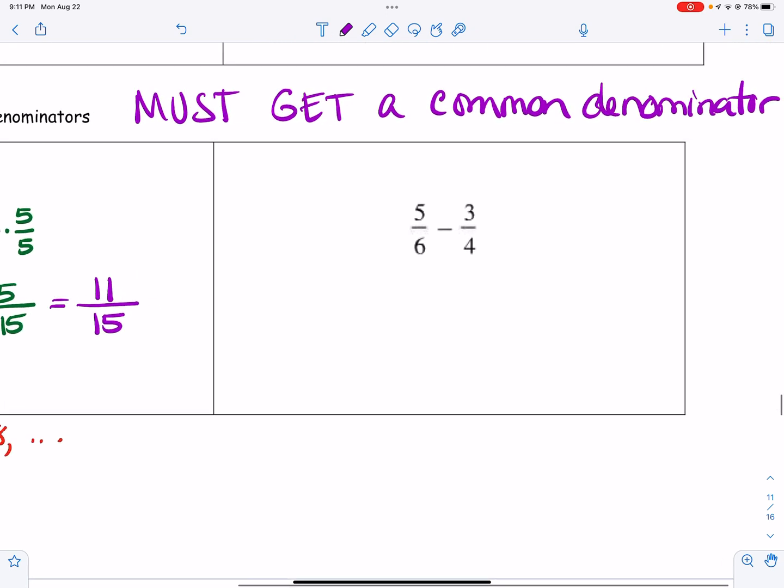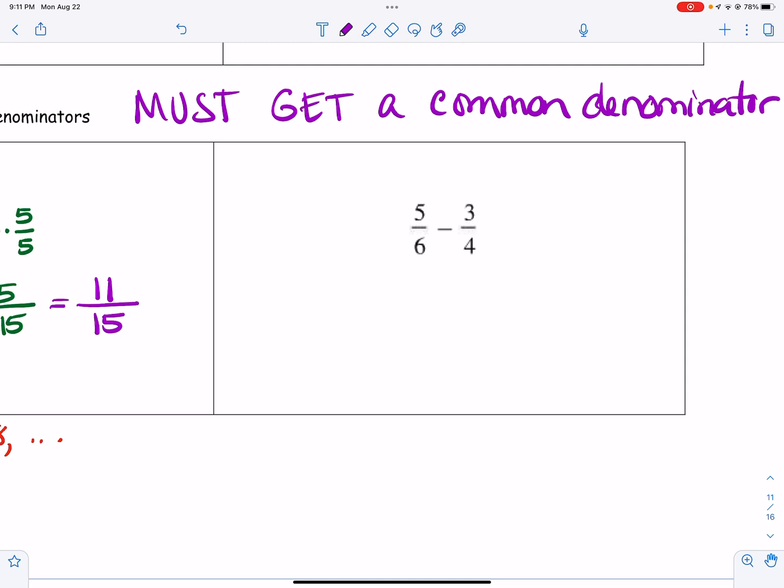Now this next one, if I find the smallest number that 6 divides evenly into and 4 divides evenly into, the most common wrong answer is somebody's going to say 2. Well, 6 does not divide into 2. 2 divides into 6.